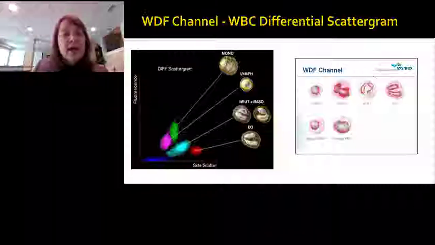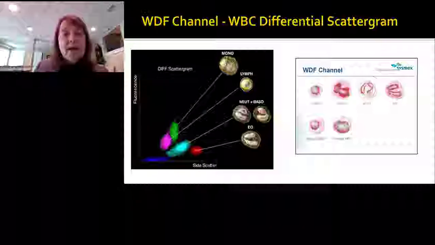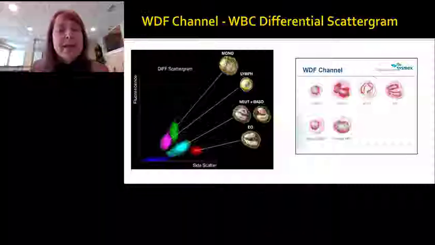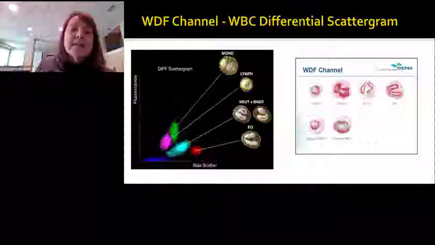We see several categories: the pink being typically our lymph category, the green in this case being monos, the aqua being a combination of neutrophils and basophils, and the red being an eosinophil population. This information is captured by capturing fluorescence, which is our DNA marker, on the y-axis, and side scatter light, looking at the complexity of the cell.